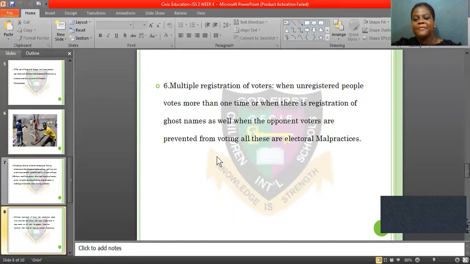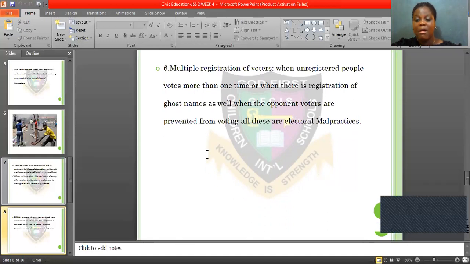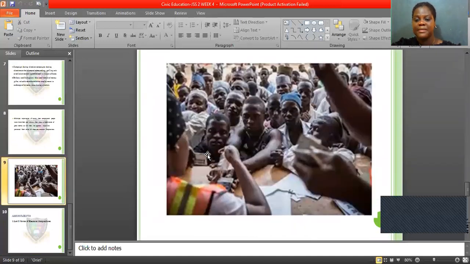At times, voters vote more than once. There are so many ghost names that they use to do registration, so that they can have so many voters' cards that they will use to rig the election. All these are electoral malpractices.